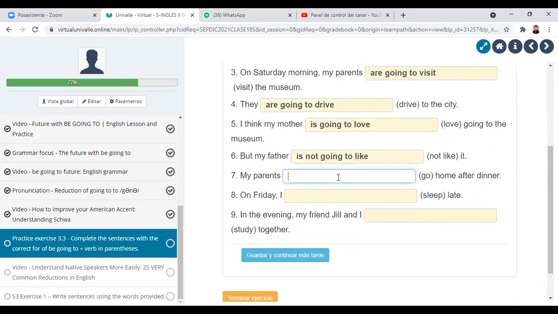My parents are going to go home after dinner. On Friday, I am going to sleep late. In the evening, my friend Jill and I are going to study together.